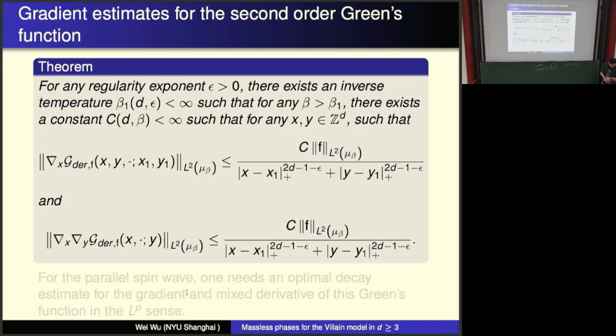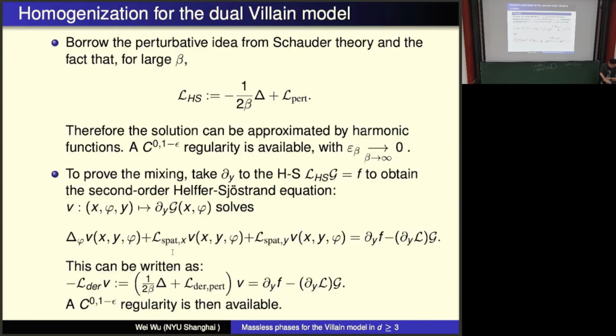This should be 2D, there's no -1 here. So you can get at least a power law decay of the second order Green's function, and that power law decay will tell you about the mixing of your original energy quantities. And that's how you run through and get the rate of convergence to the limit.